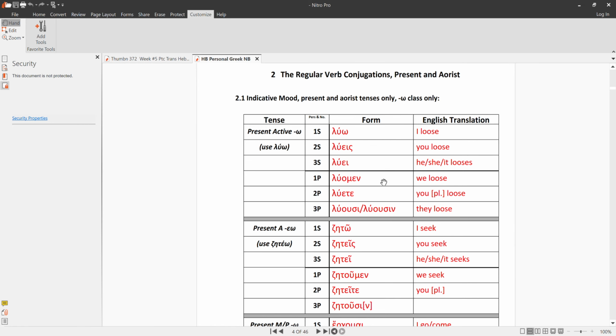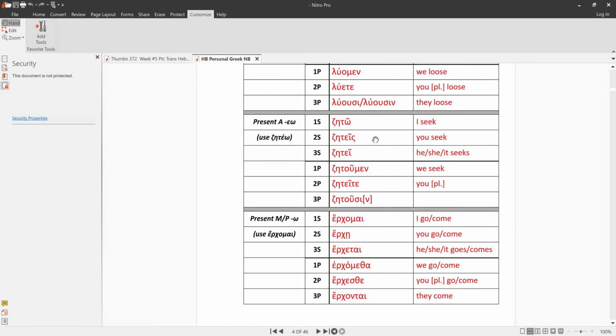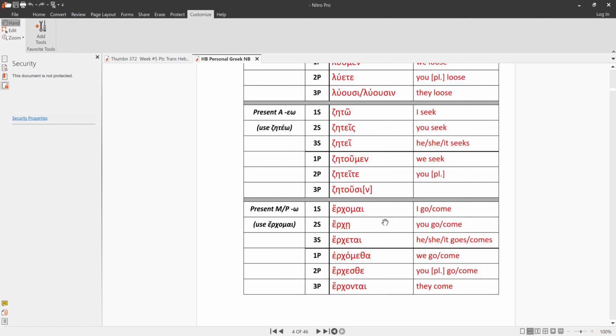That was from Greek 1. And then we had contract verbs in Greek 1, and we had what we are still calling deponent verbs, present middle or passive, that are translated active, I go or come, erchomai, erchē, erchetai. So we had a second set of endings.